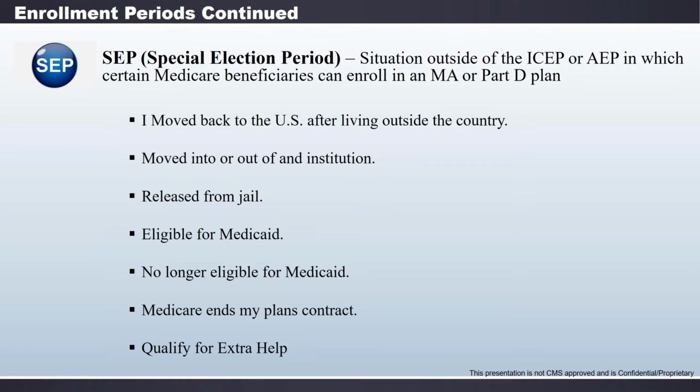Now, please note, this is not county jail. This is prison. Correct, David? Correct. And then we have those eligible for Medicaid, or persons that are no longer eligible for Medicaid, Medicare ends the plan that the person was in, or they qualify for that extra help. Remember that low-income subsidy?